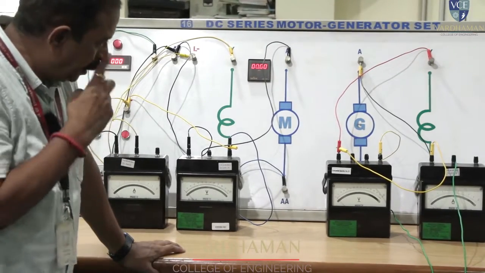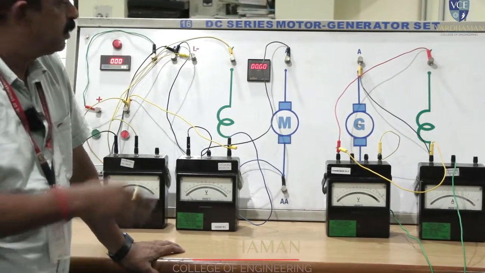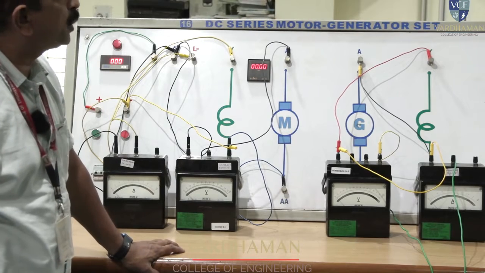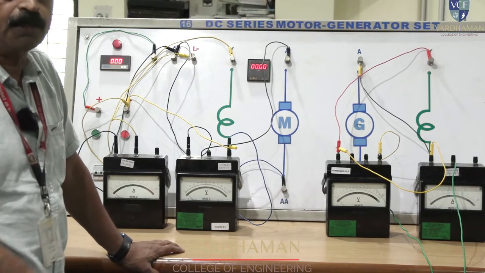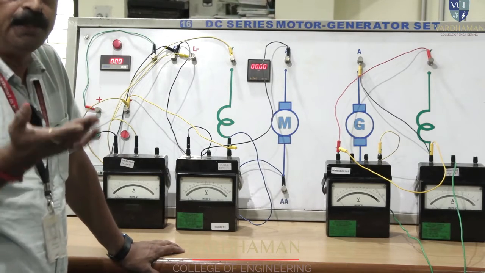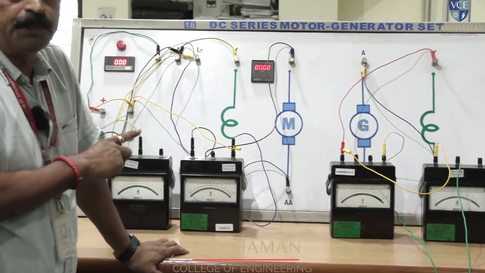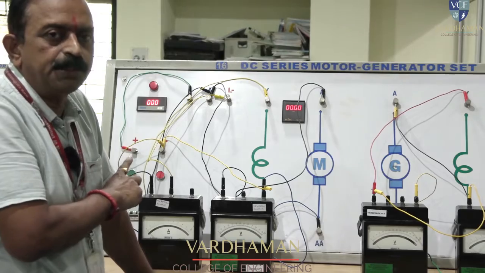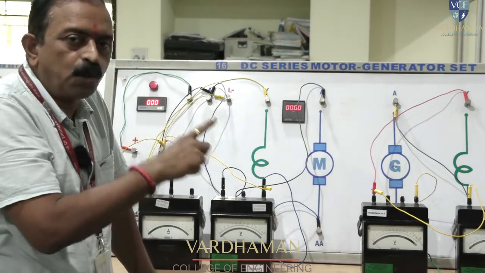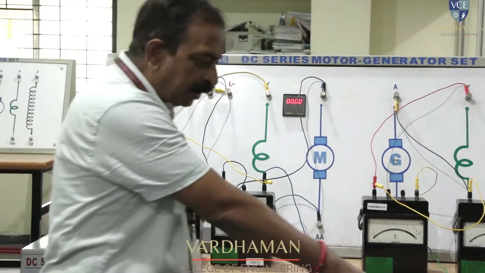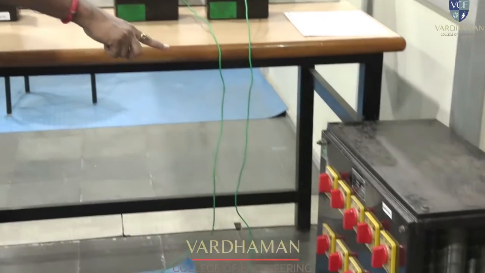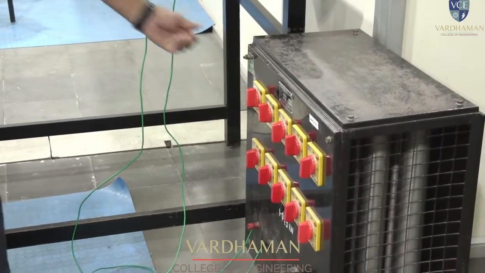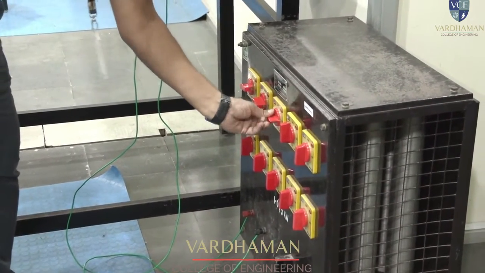One thing students should remember: since it is a series motor generator set, the starting torque of the series motor is high. It should not be operated without load. So initially we should operate this series motor by applying load on the generator. Now the load is at zero position, so I will switch on some loads.